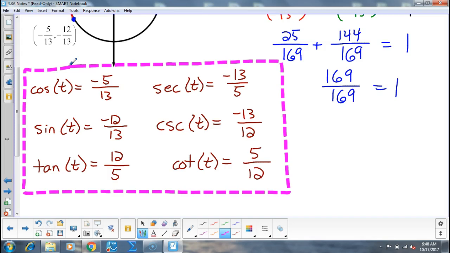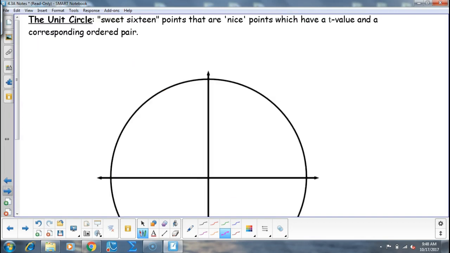The bottom half is going to be where we do our math, because we've got to come up with the sweet 16 points, the nicitude points on it. So on the top half, put a unit circle. On the bottom half, leave it open to do some math. Put the crosshairs in there too.